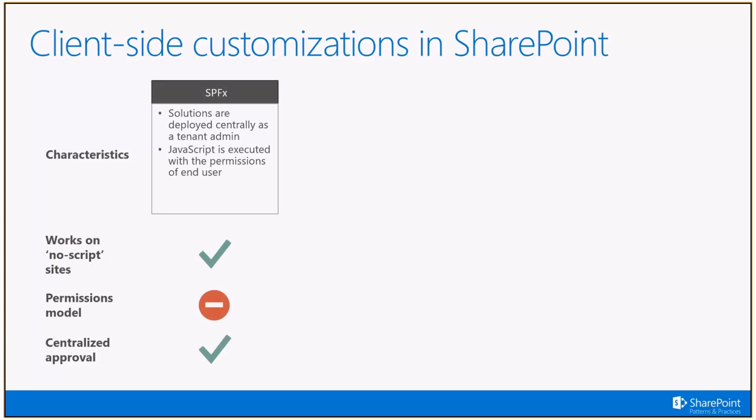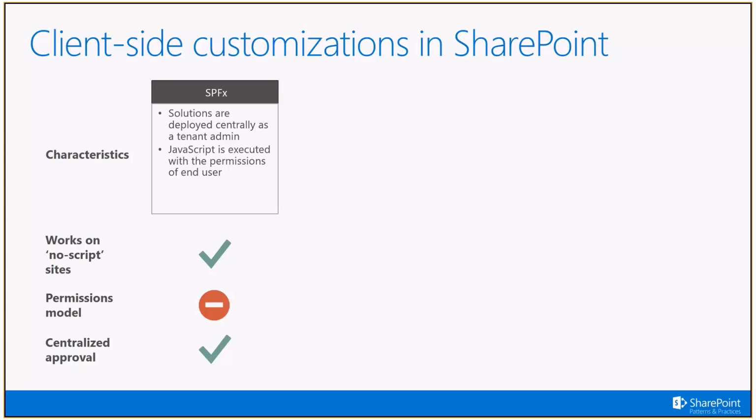We quickly went through this one in the intro in the previous slides as well, but SharePoint Framework solutions are deployed centrally as a tenant admin. So essentially, you go as a tenant administrator to the app catalog, you upload the solution package to the app catalog, and you give that solution package the permissions to be used across the tenant.